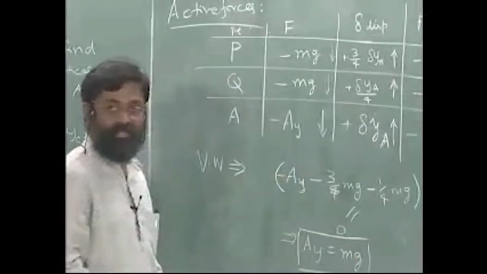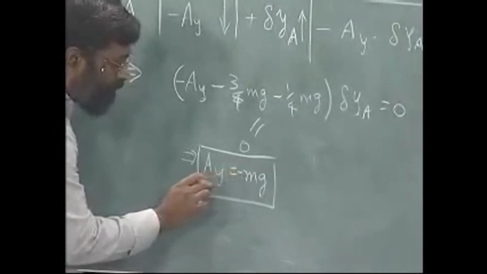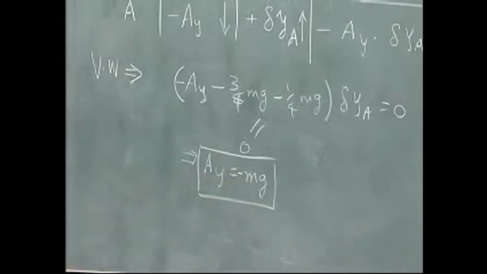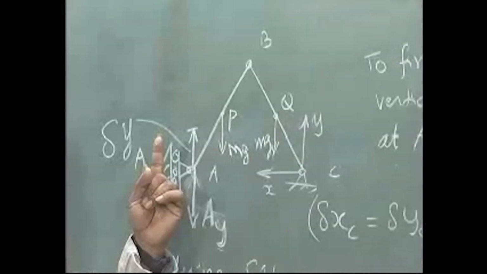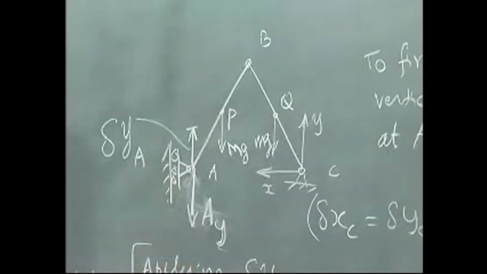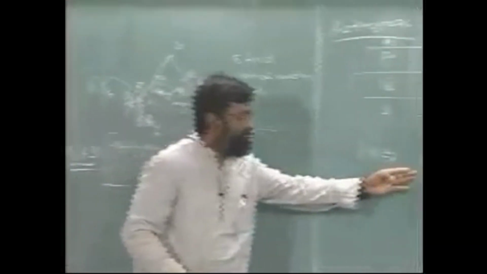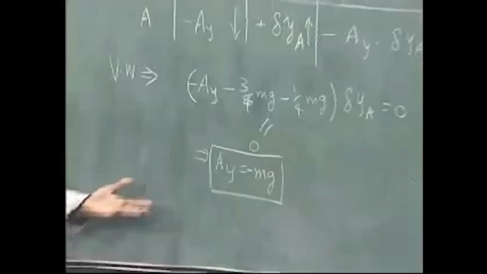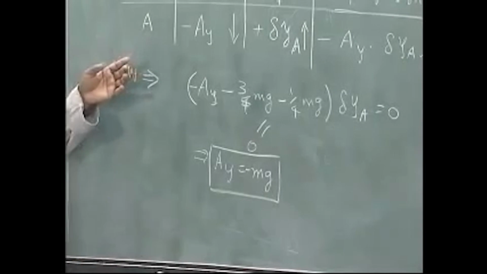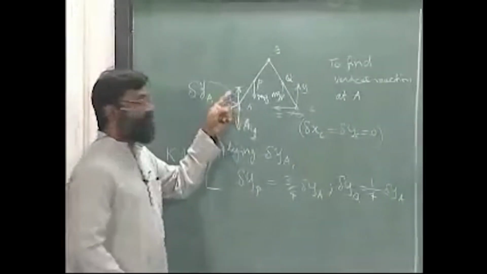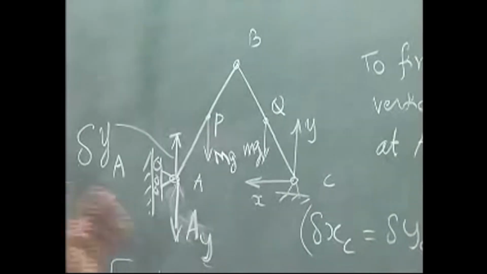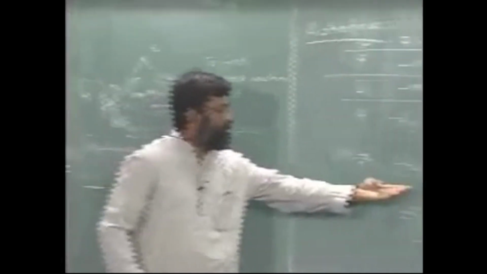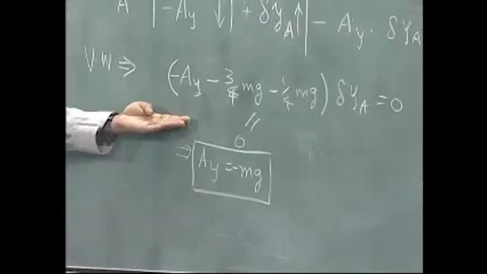I would have a negative sign here, which means this is Ay equals minus mg, or in other words Ay is acting upward with the magnitude mg, consistent. The equation of equilibrium is consistent to what you get, right. So never mind what virtual displacement you give, you will get finally this particular equilibrium equation.